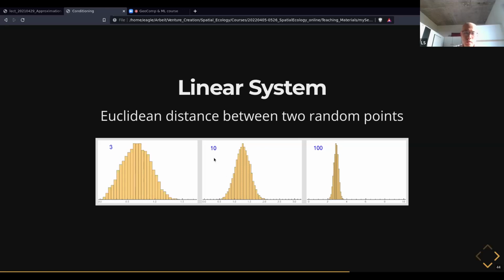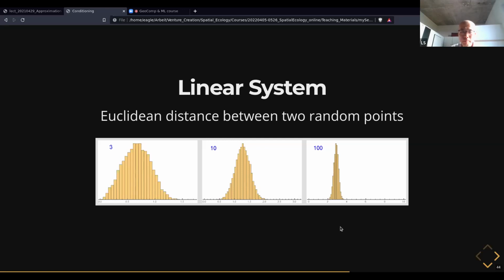I do the same for the 10th dimension, which is also a histogram, and looks like such. Then again, I do 100 dimensions. I also plot a histogram, and I see another histogram. They all look more or less normal in shape, but they become thinner and thinner, right?